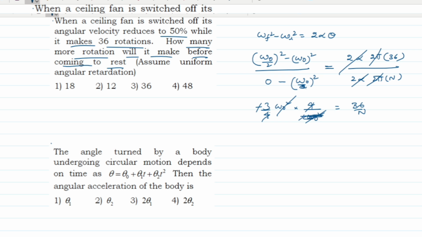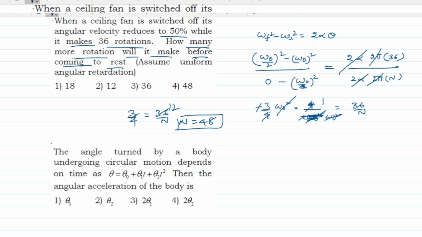Here this is minus 4, and 1 by omega naught square, omega naught square gets cancelled. Together we will be getting 3 by 4, which will be equal to 36 by n. 3 twelves are 36, so n value will be 4 into 12, which is 48.